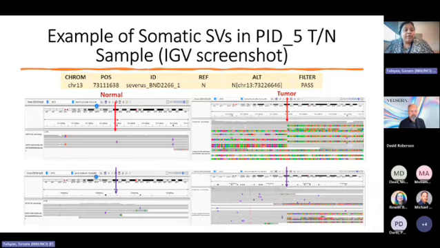This is an example of a somatic structural variant which was seen in the patient with ID5.